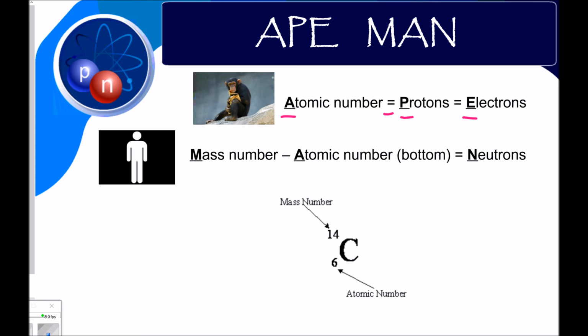And then MAN, we've got the mass number minus the atomic number equals the number of neutrons. So basically, the top number minus the bottom number in our isotope notation will give you the number of neutrons. So 14 minus 6 is 8, which would give us 8 neutrons for this particular atom.